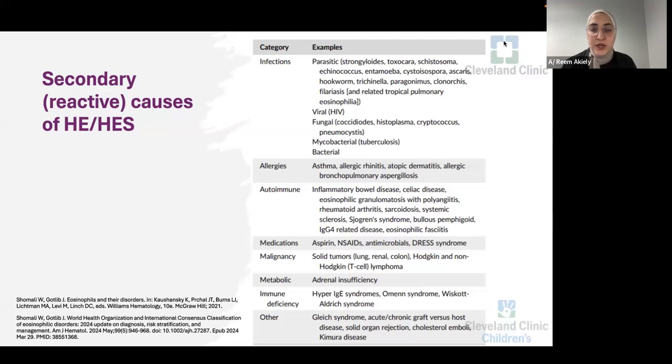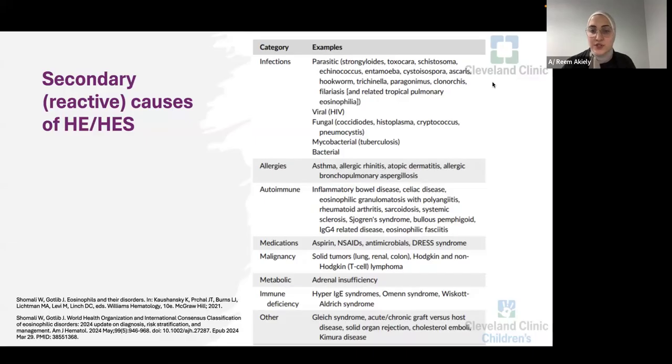And one common, very well-known association with hypereosinophilia is adrenal insufficiency, including Addison's disease or primary adrenal insufficiency. There are multiple theories behind that, but one of them is that the lack of steroids can result in loss of the normal suppression of eosinophils and improve their survival.